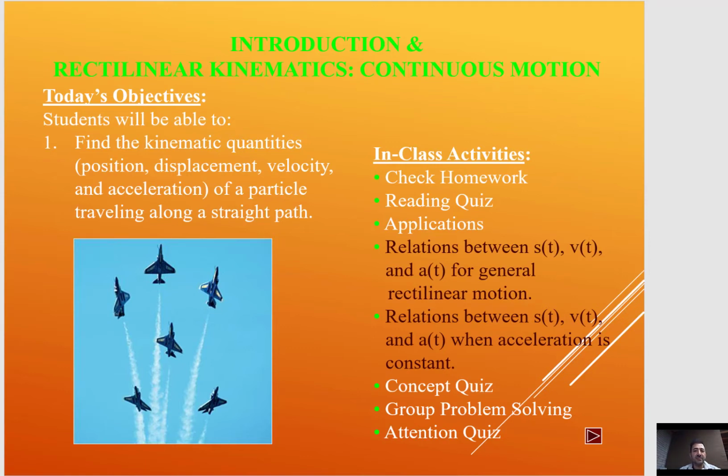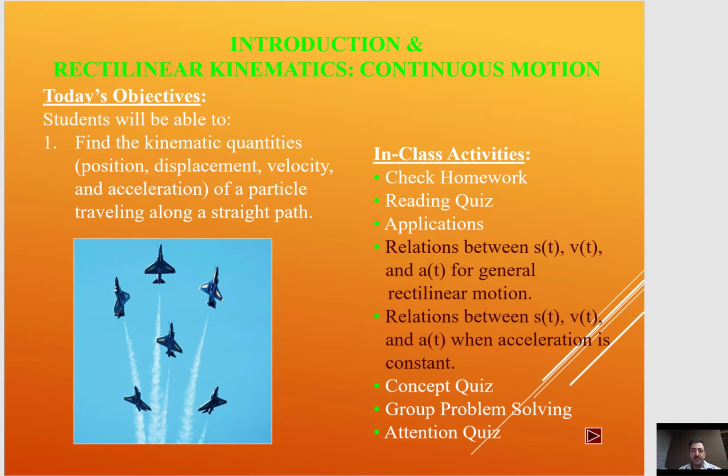As far as our concern for today, our goal is to go over the first few sections of the first chapter, which is concerned with the study of the kinematics of particles. More particularly, we'll begin with the rectilinear kinematics and the continuous motion.